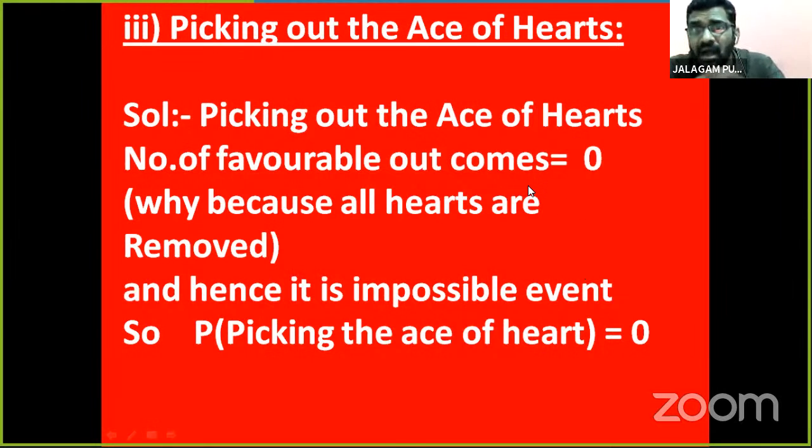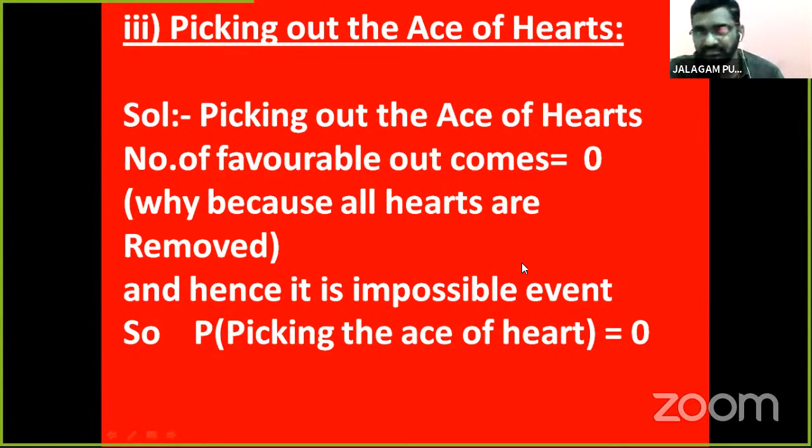Here all hearts are removed, and now we want the ace of hearts, so there is no ace of hearts. So favorable outcomes here are 0, and hence it is an impossible event.